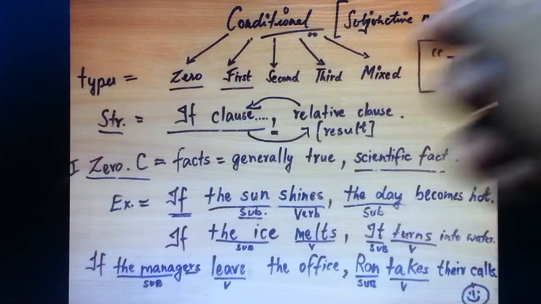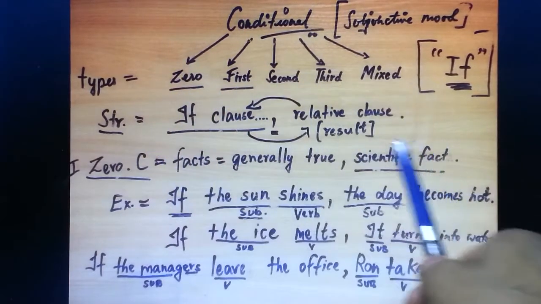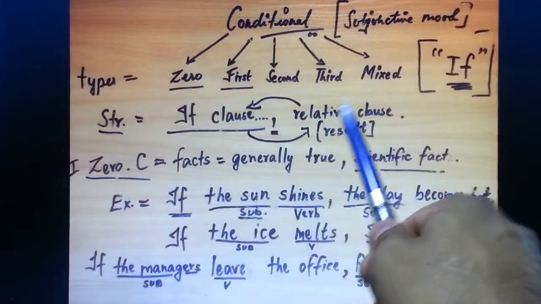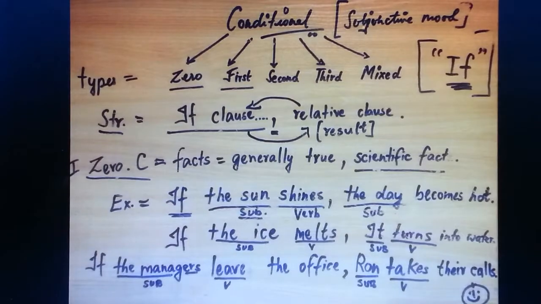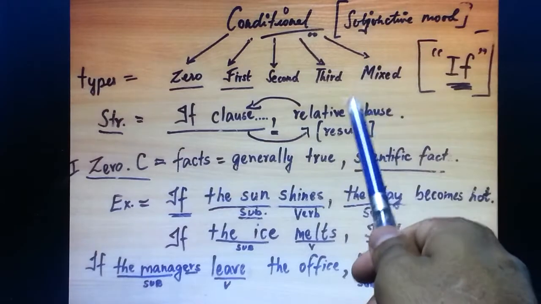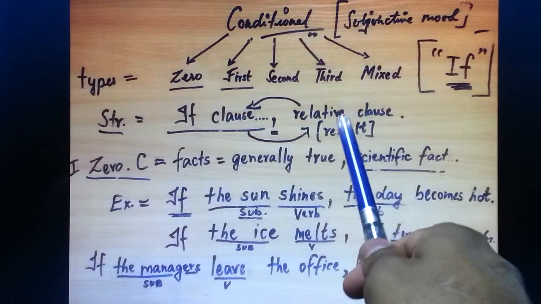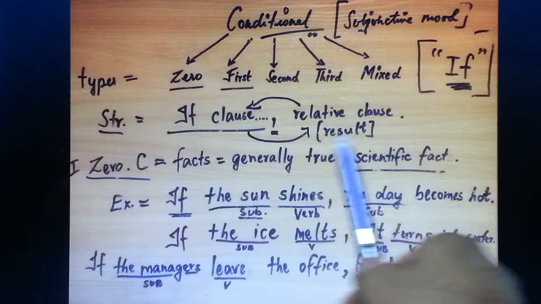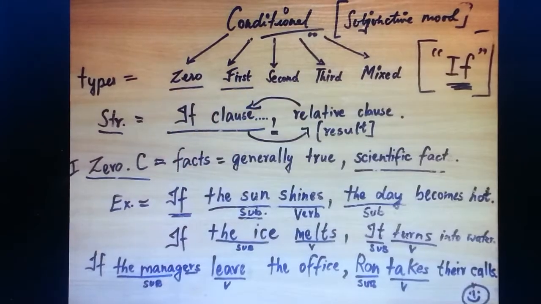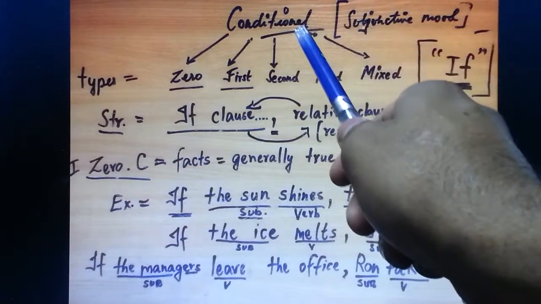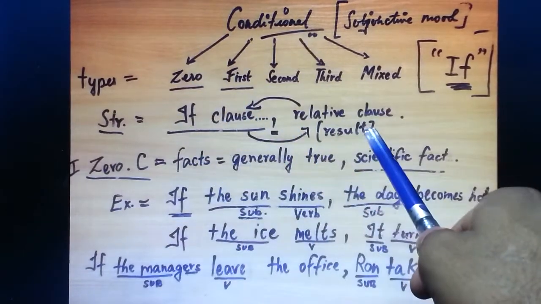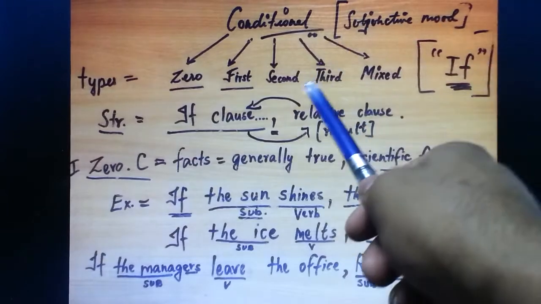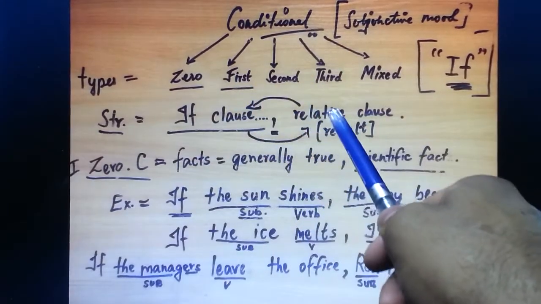Well, the structure. Once again, if clause, comma, relative clause. What is very important about this type of structure or pattern is that you can write a conditional sentence in this order, that is if clause, comma, relative clause, or you can interchange the positions of these 2 parts.